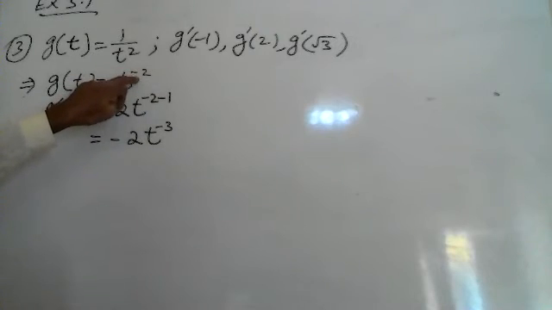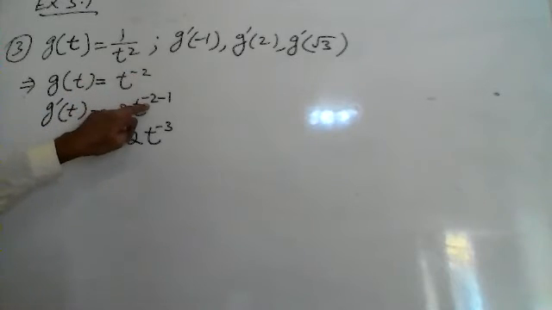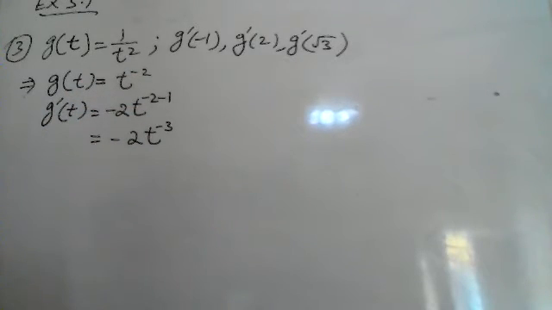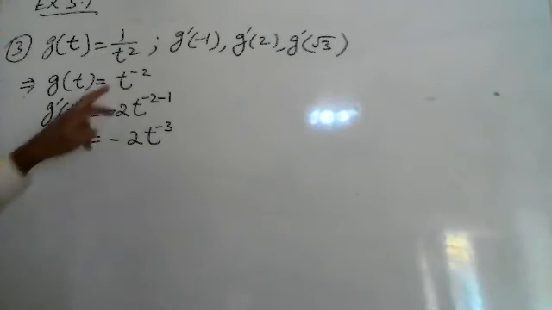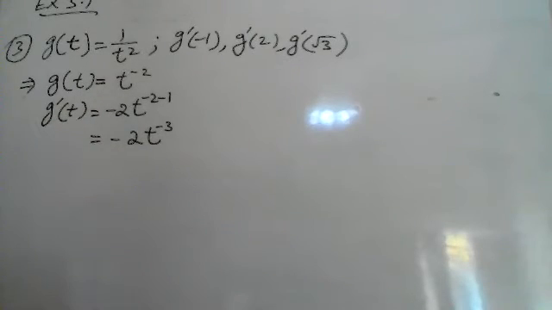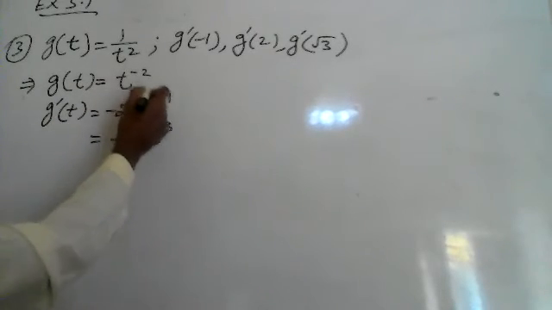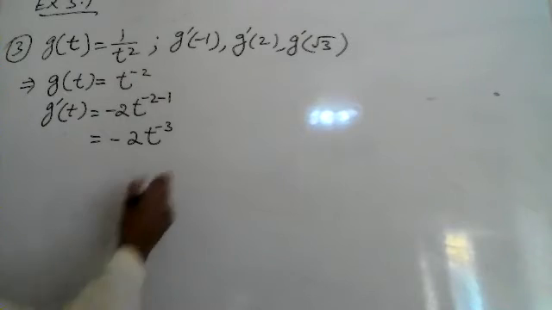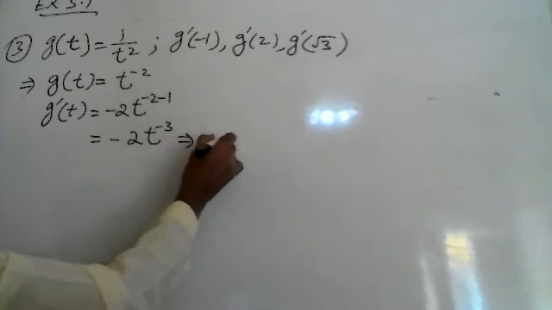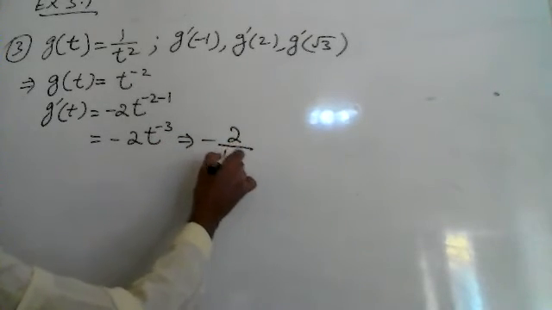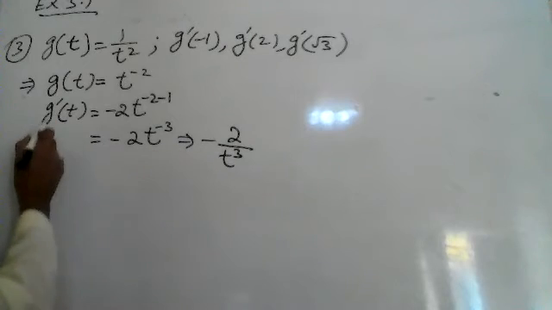Whether the power is positive, negative, or a fraction, we will subtract 1 from the power, whatever the power. So minus 2 minus 1 will become minus 3. It can be written as minus 2 upon t raised to power 3. This is g dash t.